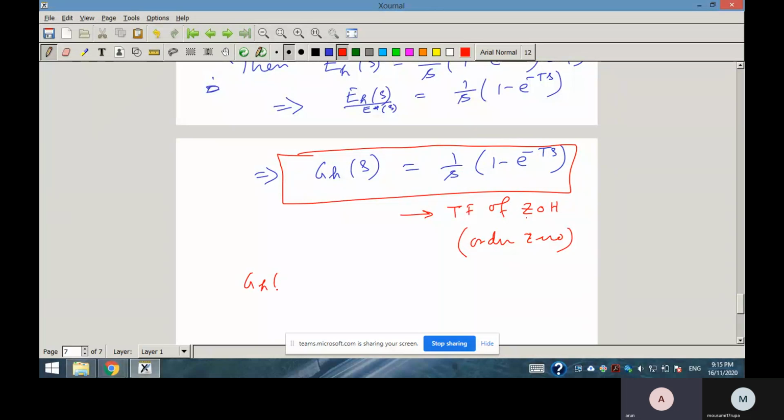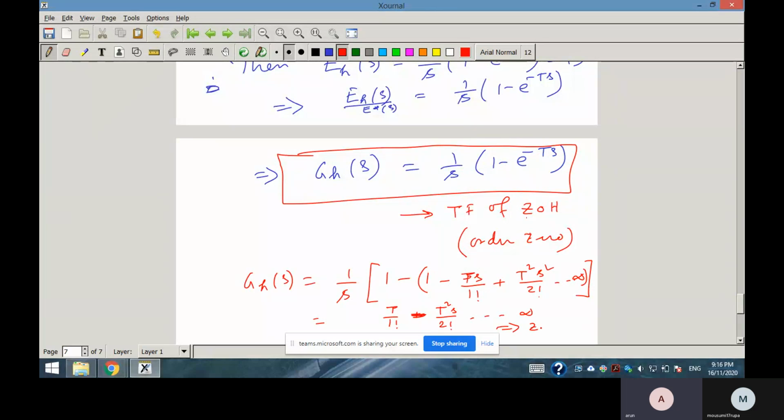That means Gh(s), if you factorize, will be 1 minus Ts by factorial 1 plus T square s square by factorial 2 and so on to infinity, and then ultimately it will be T by factorial 1 minus T square s by factorial 2 and so on up to infinity.